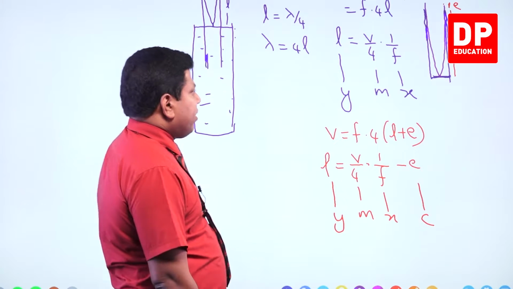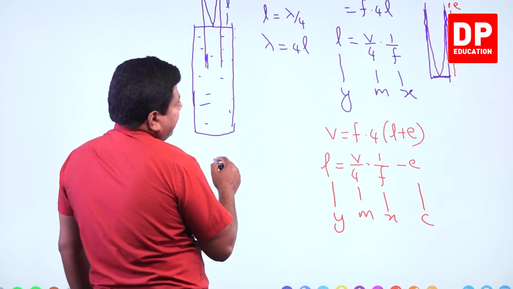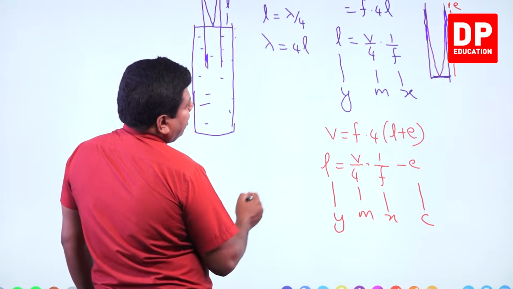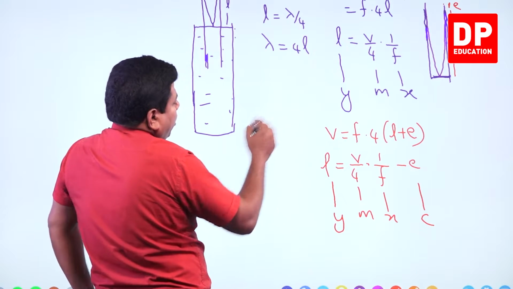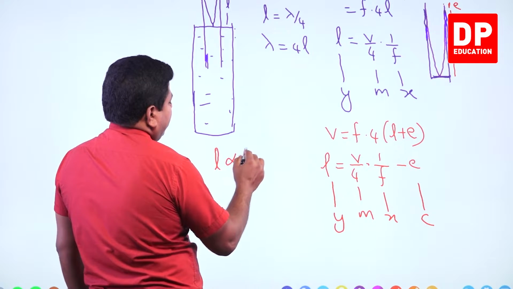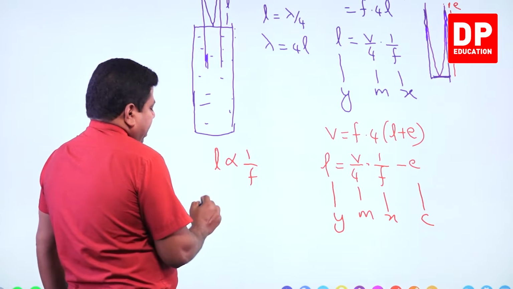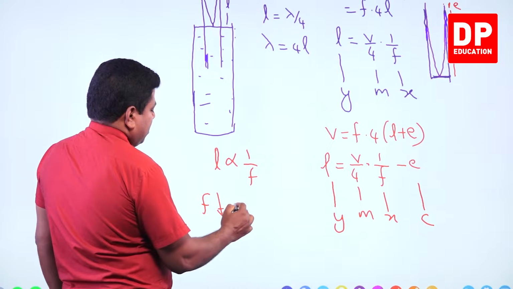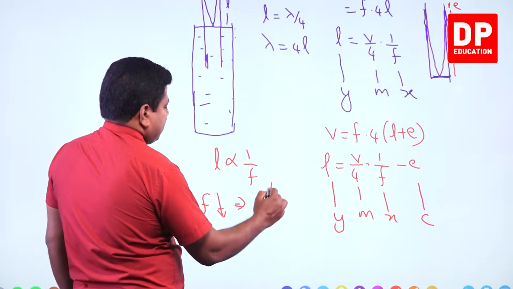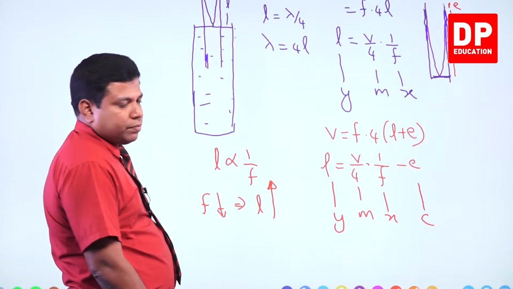Just one more thing you have to understand. Here we say L and 1 over F are proportionate, right? If I ignore E, then we have this. That means when F reduces, L increases, correct? Inverse proportion.